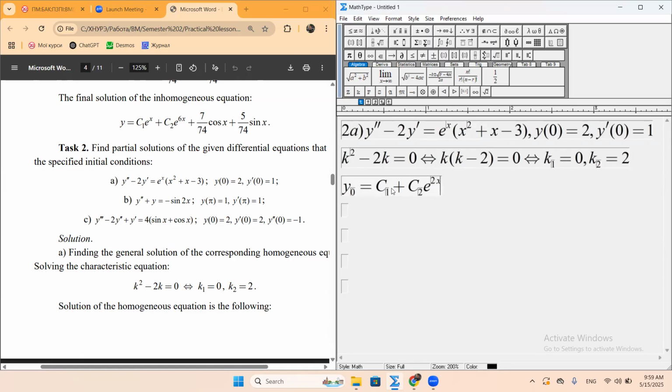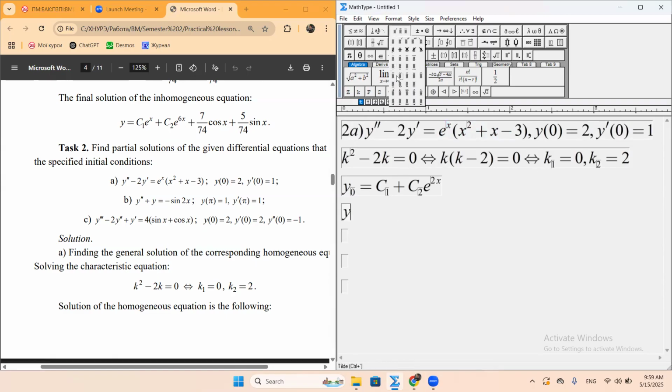C1 because e to the power of 0 is 1. So this is the solution of the homogeneous equation. Now finding the partial solution. The control number of the right part equals 1. It is not a root of the characteristic equation.